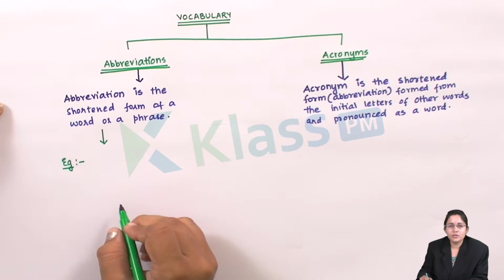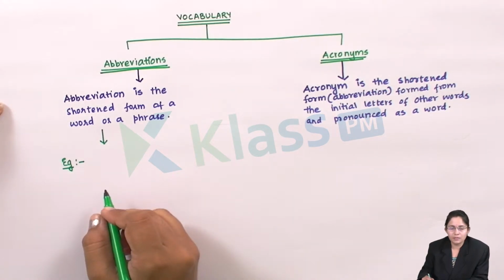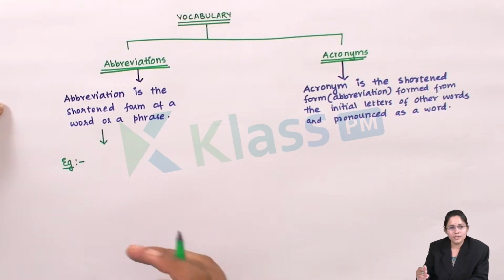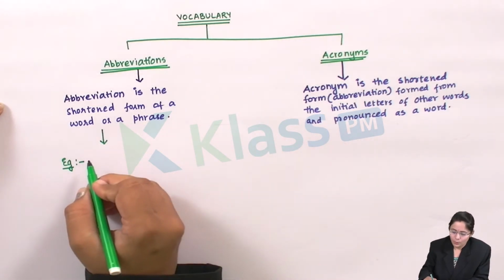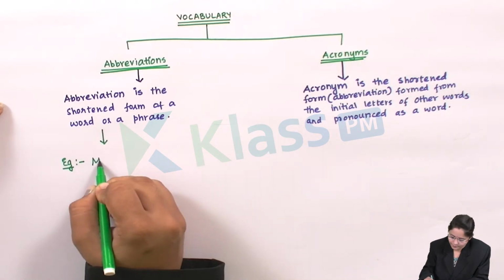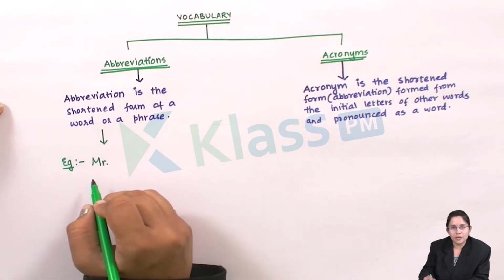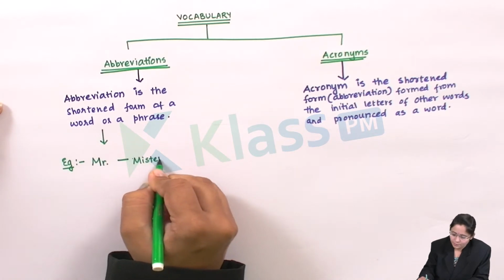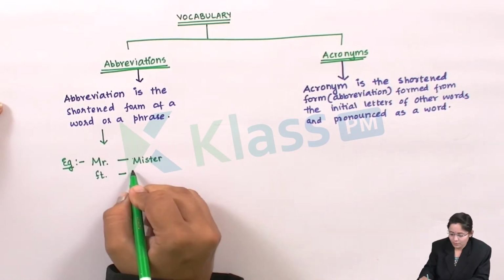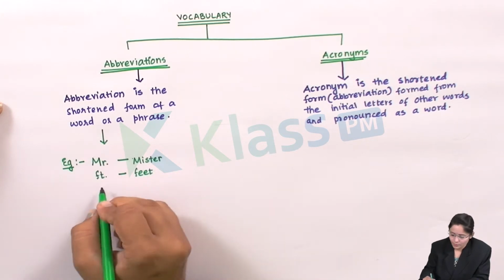Abbreviation generally starts with a capital letter and continues with small letters, or sometimes it can be small overall. Let us look into the examples. We use MR., the abbreviation for the word Mister. FT, abbreviation for the word feet.